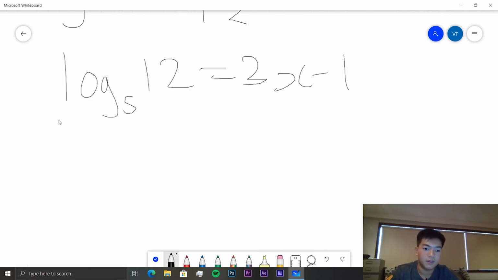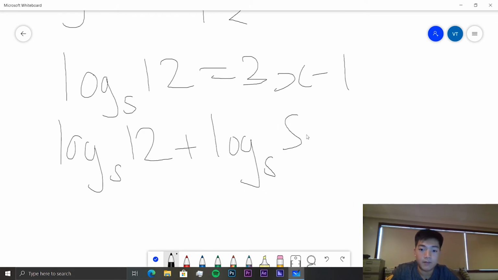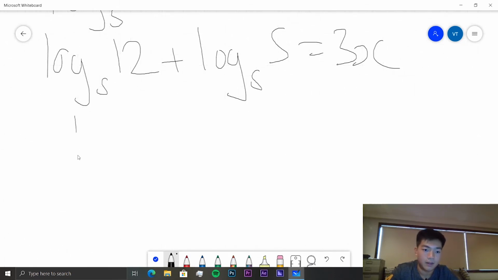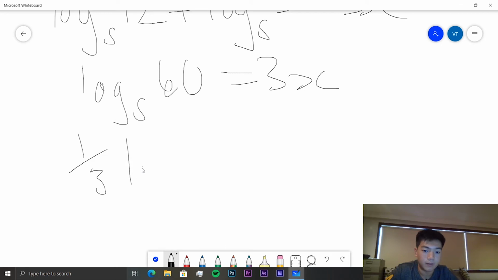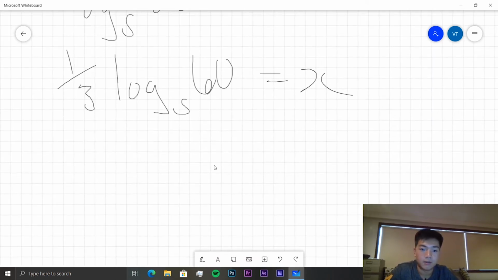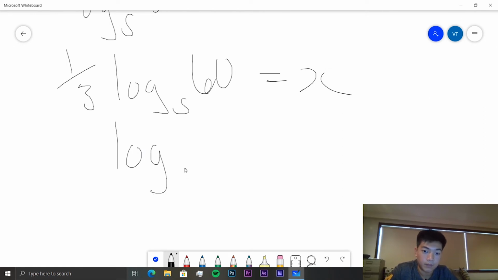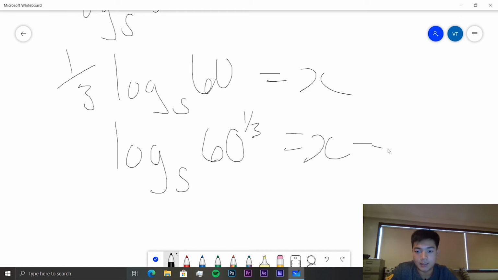So we have log 5 to the 12 plus log 5 to the 5 is equal to 3x. So we have log 5 to the 60 is equal to 3x. So we need to get 1/3 of log 5 to the 60 is equal to x. So we have log 5 to the 60 to the 1/3 is equal to x.